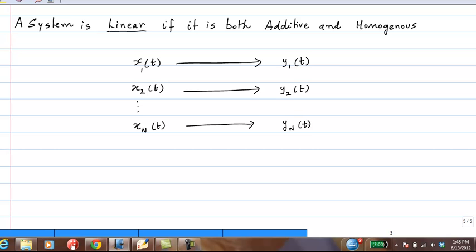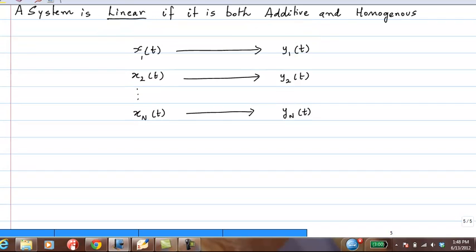Now, because the system is homogeneous, if I multiply these inputs by constants, say a1, a2, so on until an, the outputs also get scaled by the same constants. That's just a consequence of the system being homogeneous.